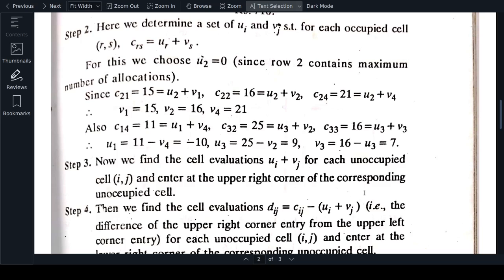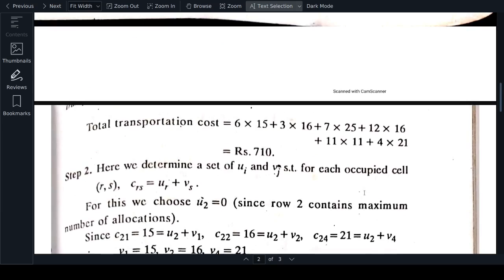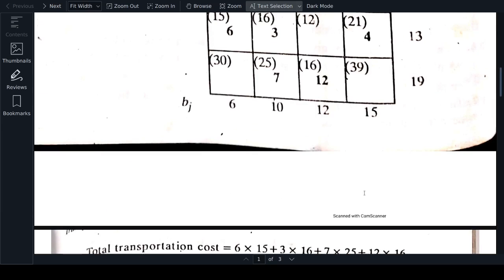So which cell is called an occupied cell? Arbaz, which cell is called an occupied cell? Arif, which cells are called occupied cells?